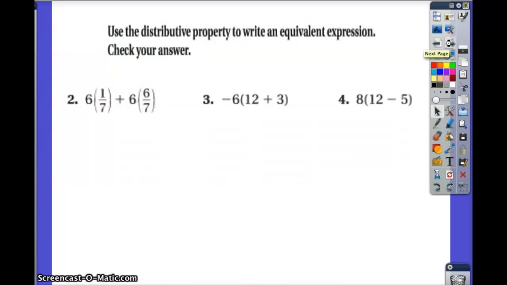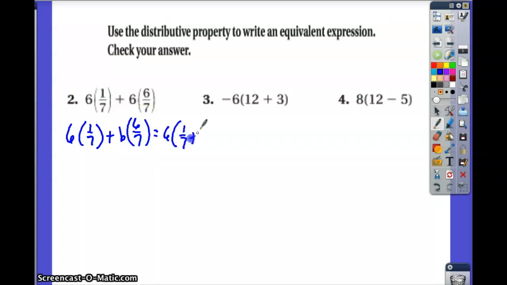So we're going to use the distributive property to write an equivalent expression and then check the answer. So here you've got 6 times 1/7 plus 6 times 6/7. That's going to equal 6 times (1/7 plus 6/7). So work out both sides and make sure that it checks.